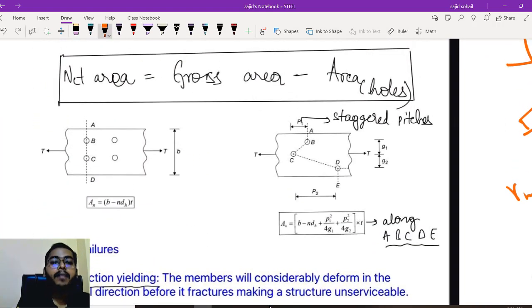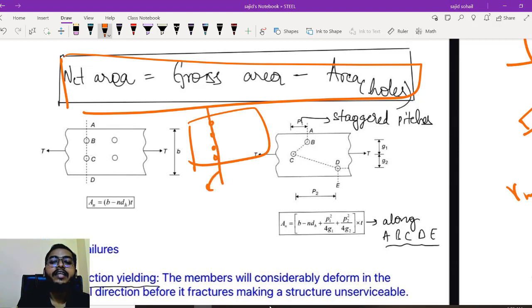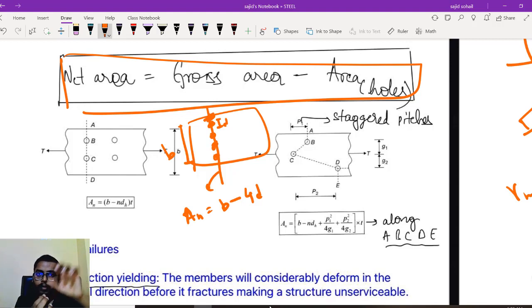Net area will be nothing but your gross area minus the area of holes, right? So if you have four holes like this, what will be your net area? If this dimension is B, then your net area will be B minus, there are four holes, each hole has a diameter D, so 4 into D. If you do B minus 4D, you will get the net width which is actually resisting my load.